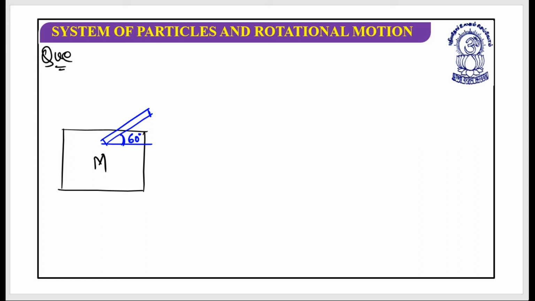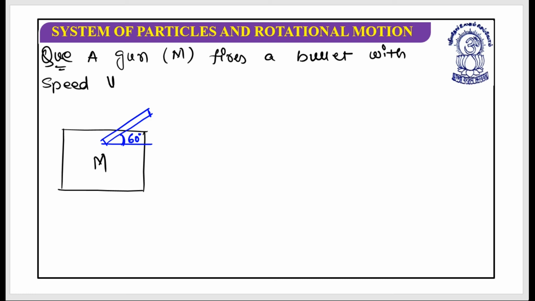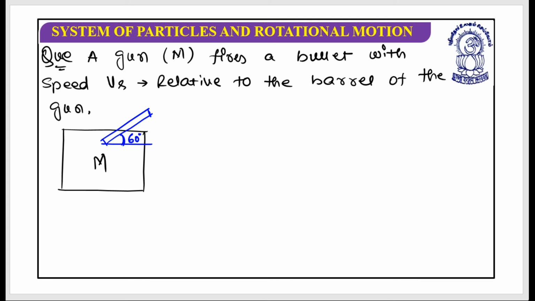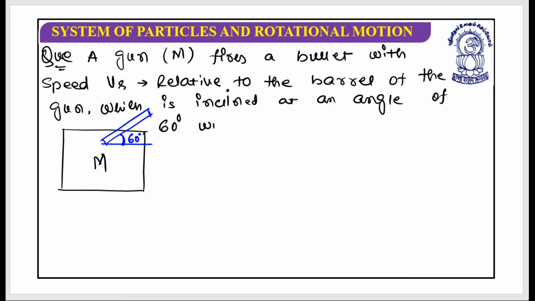So the question is: a gun having mass M fires a bullet with speed vr, which is relative to the barrel of the gun, which is inclined at an angle of 60 degrees with the horizontal.